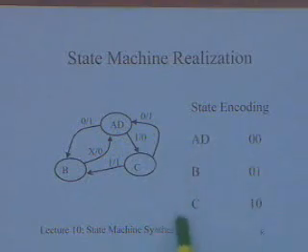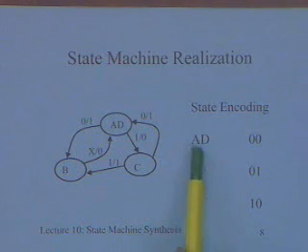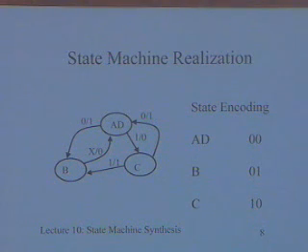So I have given you one state encoding over here. One can choose this or any other encoding that one likes. Later we will talk about how some encodings may give you better results, better meaning more compact realizations than others. So in this case I have A as 00, B 01, C 10. This type of encoding I already discussed. This type of encoding is called minimal encoding. For 3 states I am only using 2 bits.